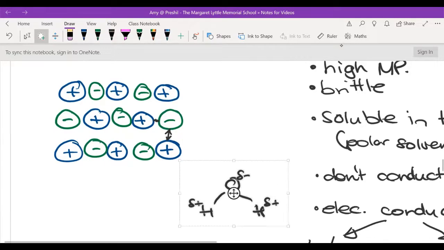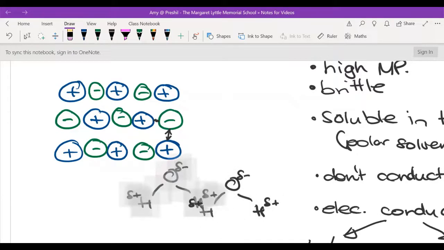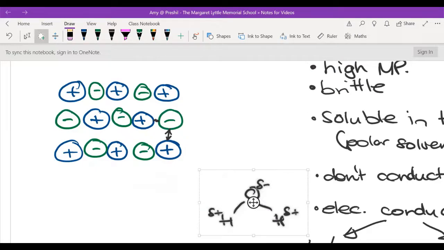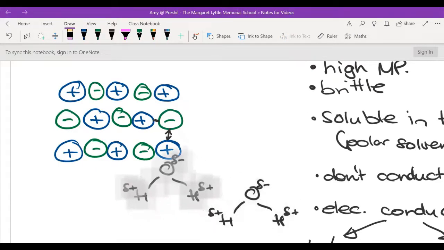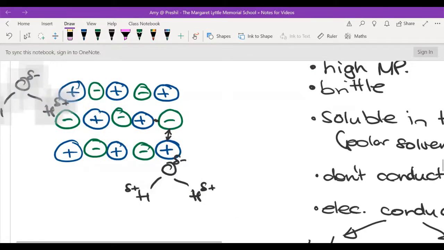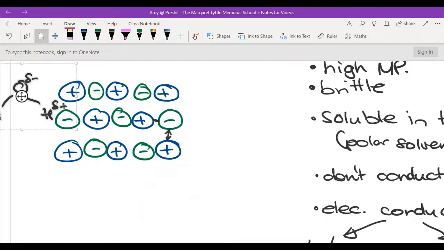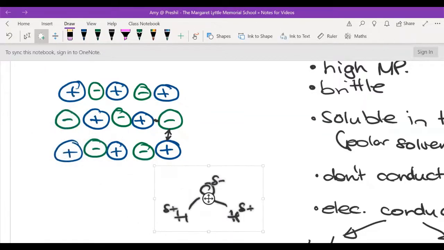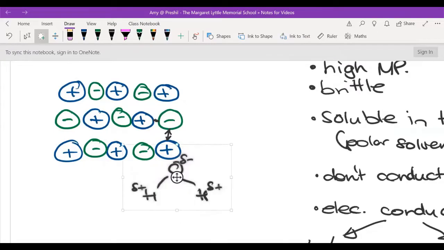So when I put my salt crystal in water, the negative ends of my water are attracted to my positive sodium ions, and my positive hydrogens are attracted to my negative chloride ions.